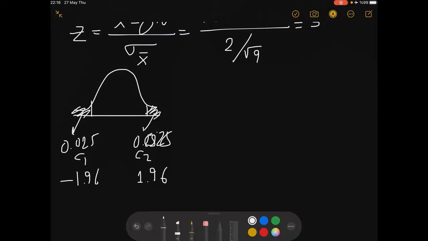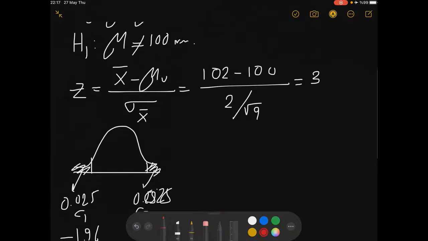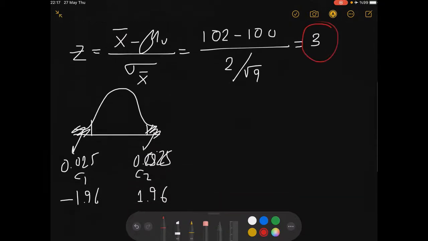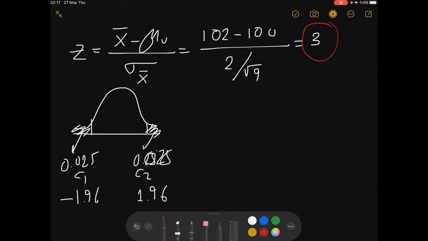But where is your z value here? It's at 3, right? Suppose that this is 0, and suppose that this is 1.96. And where is your z located? It's around here, right?